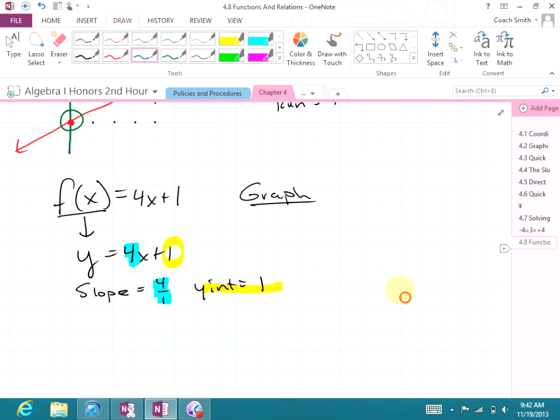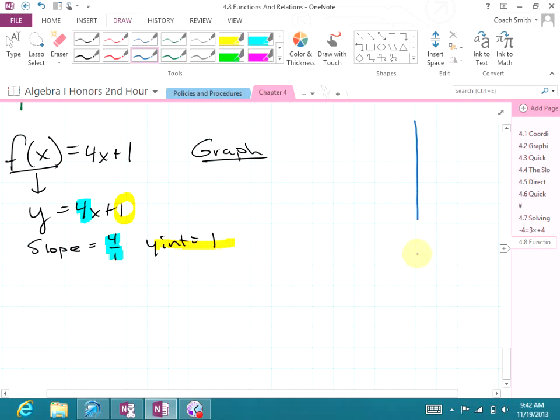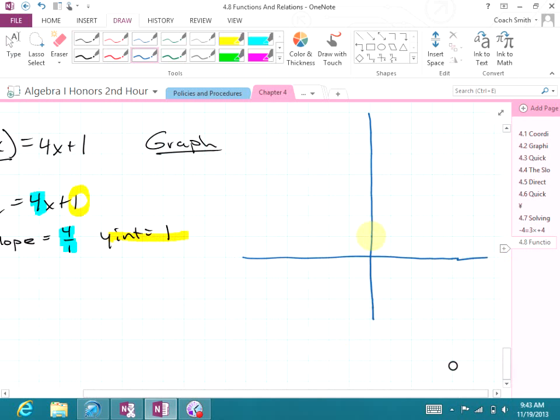Okay, so then you just graph it. Your y-intercept is 1, which is right there. And your slope is 4 over 1, and it's positive. So I'm going to go up 4, 1, 2, 3, 4, and over 1, right there.